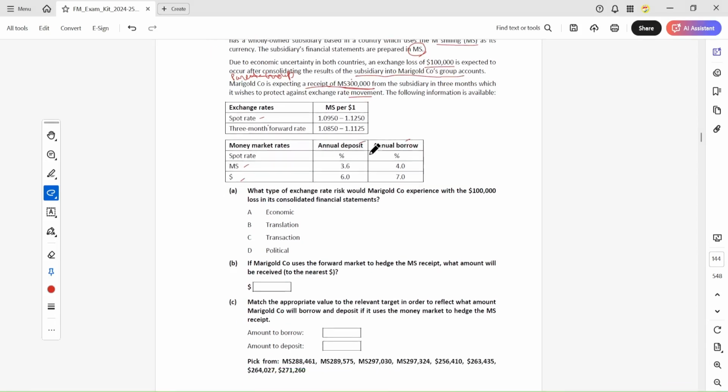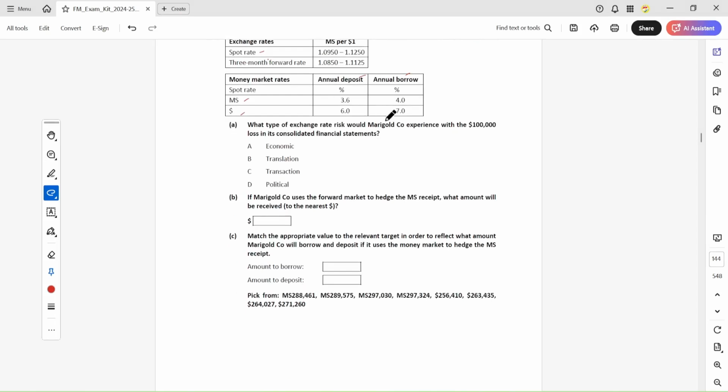Okay. What type of exchange rate risk does Marigold experience with the 100,000 loss in the consolidated financial statement? This is the loss due to translation risk. Yes.